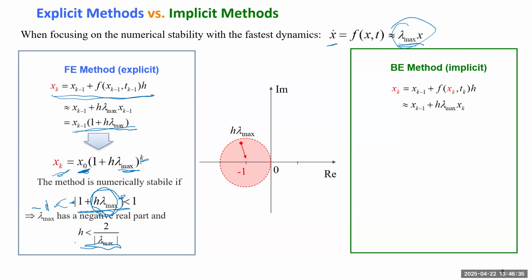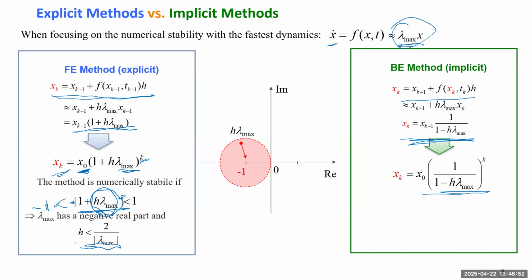For the backward Euler method, it is based on this formula. We follow a similar process and get a formula to predict S_k from the previous state. Then starting from the initial state, we also have an exponential function. But now you see lambda and h appear in the denominator, not the numerator. That changes the numerical stability.